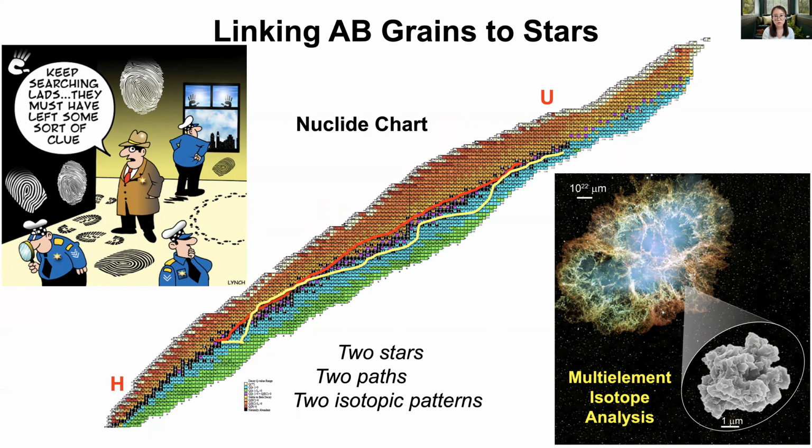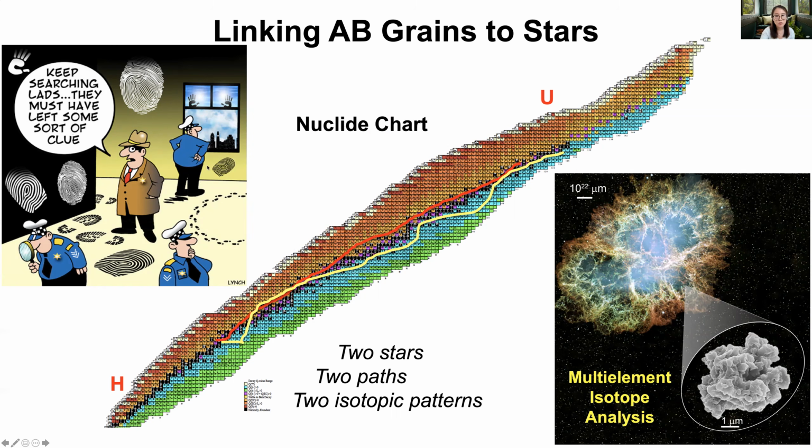So what should we do to find out their parent stars? What we can do is to collect multi-element isotopic data in these grains. And linking AB grains to their parent stars is pretty much like you came across a giant crime scene with very little evidence.